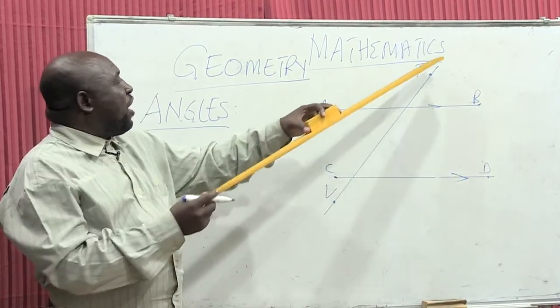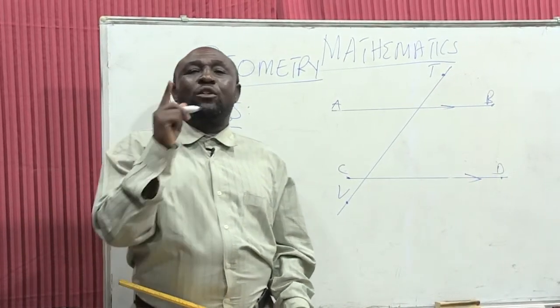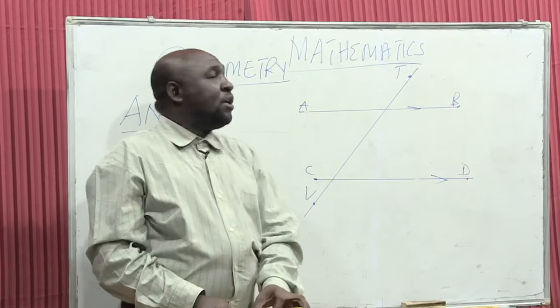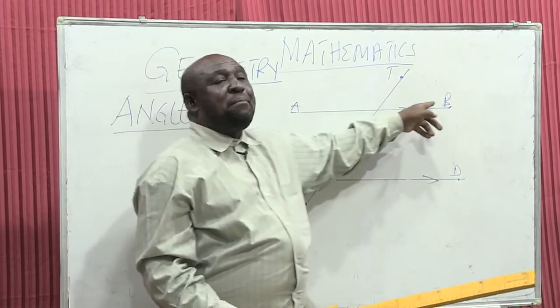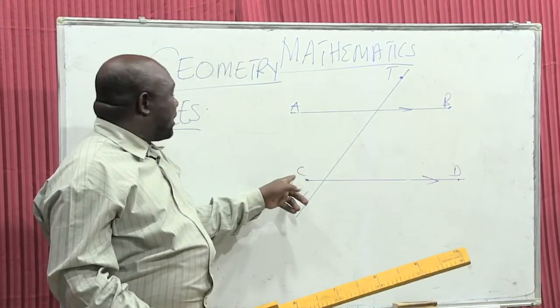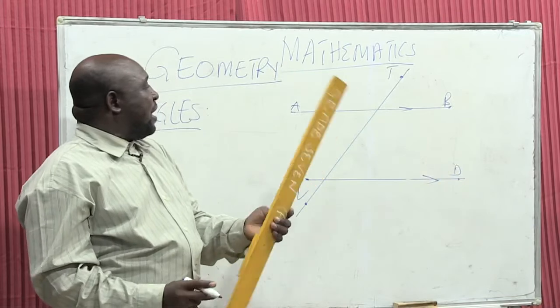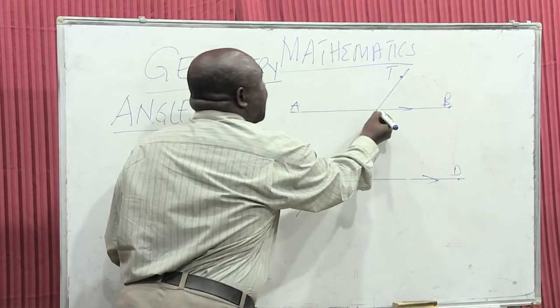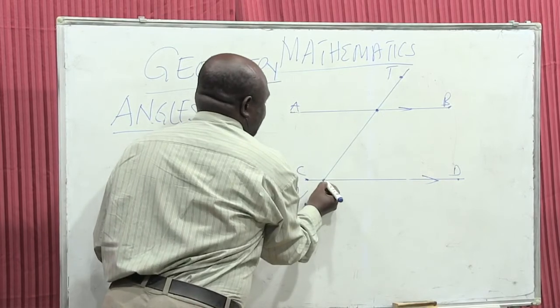Then we have angles formed, because an angle is formed when two lines cross each other. So this transverse line TV is crossing line AB, at the same time it's crossing line CD. Then the angles are formed at this point of intersection and another point here.